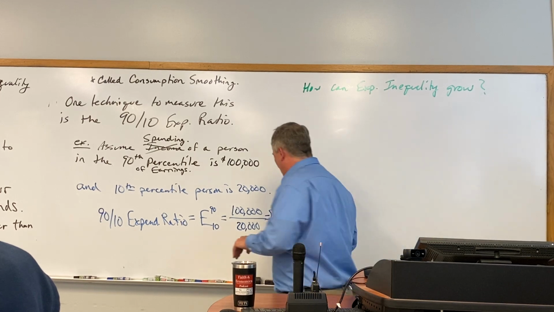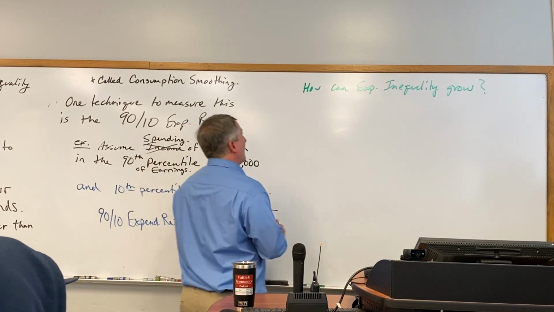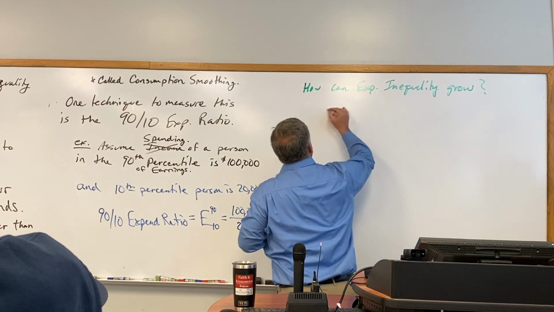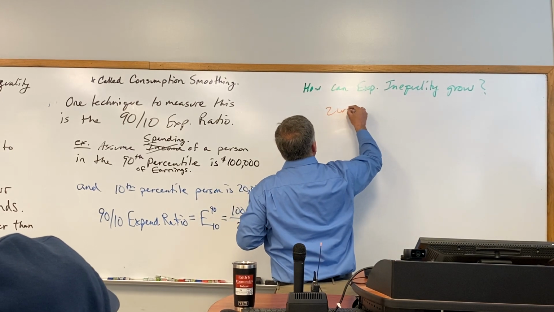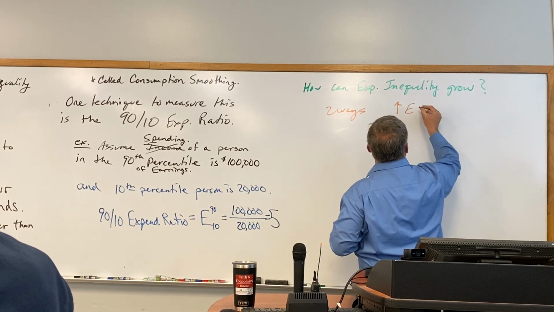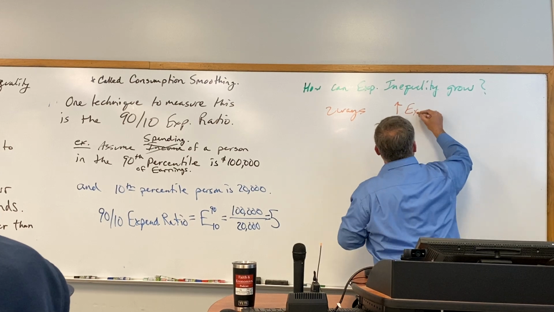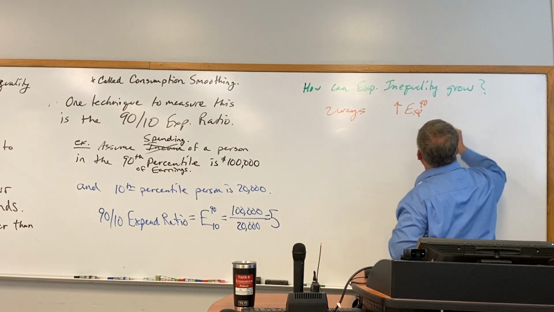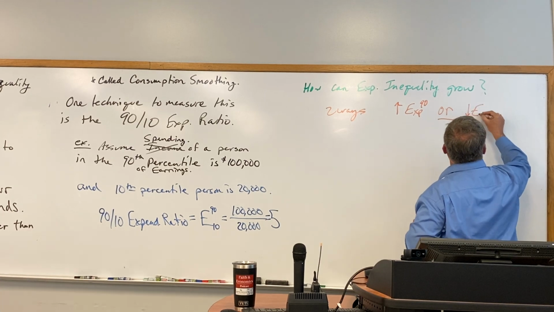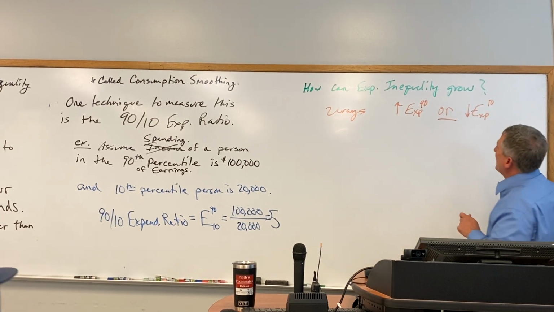We got two different ways, and of course they're going to both move over time. So how can inequality grow? An increase in the expenditure of the 90th percentile person, or a decrease in the expenditures of the 10th percentile person.